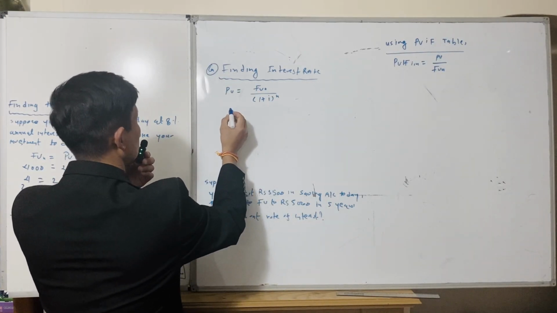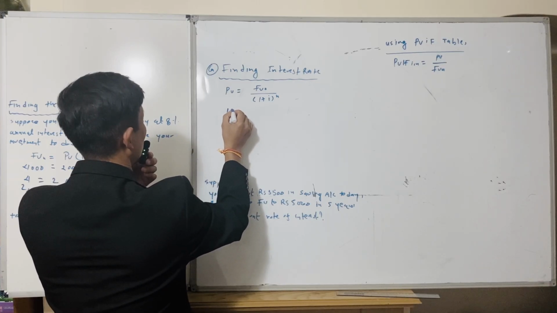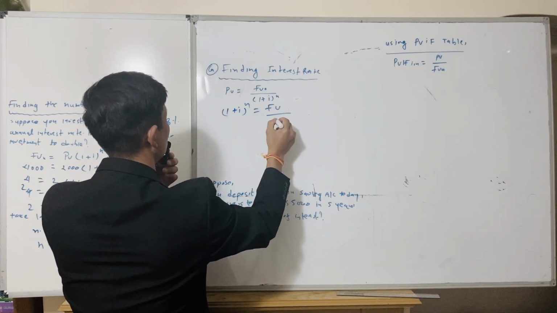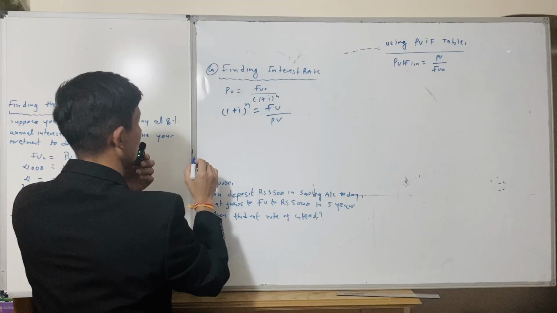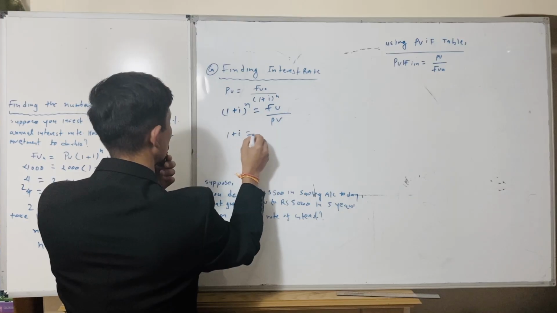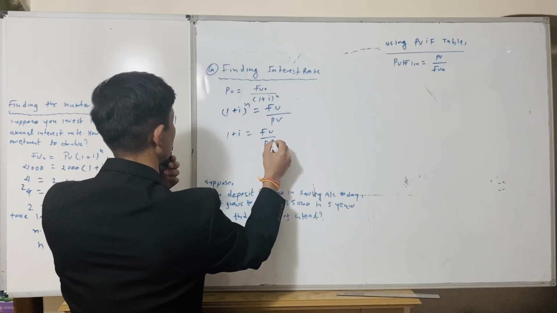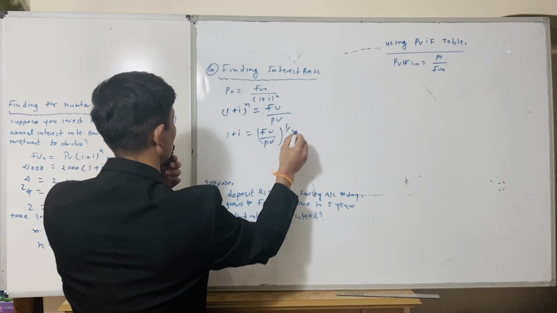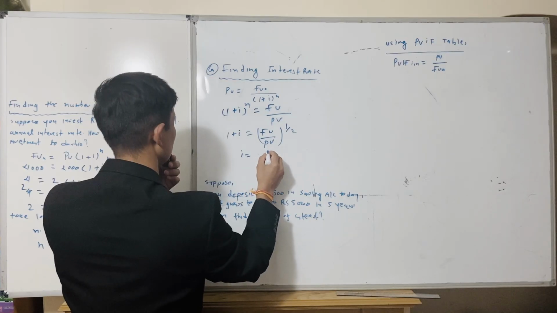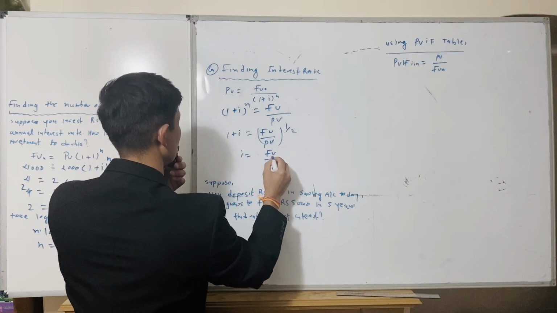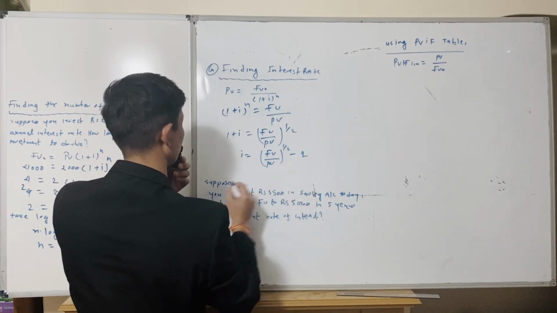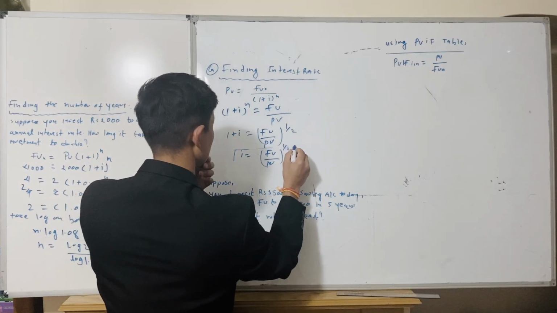If we rearrange the formula, we get 1 plus i is equal to the future value divided by the present value, to the power 1 by n. The rate of interest we get is (future value divided by present value)^(1/n) minus 1. So in this way we can get the rate of interest.